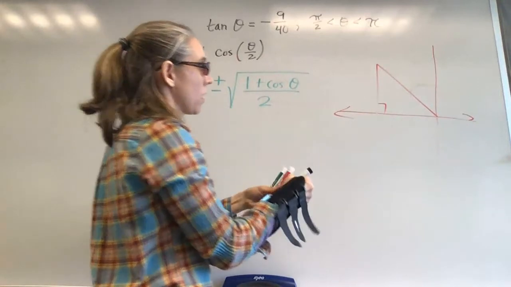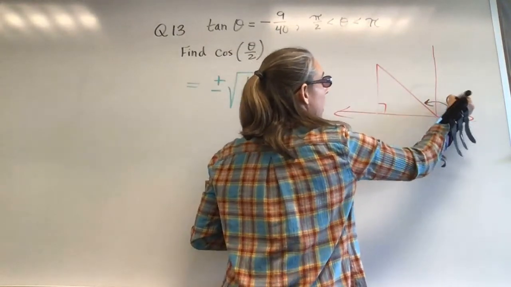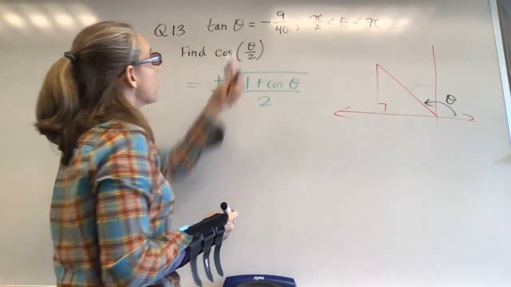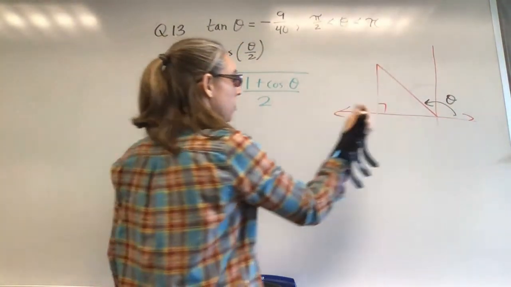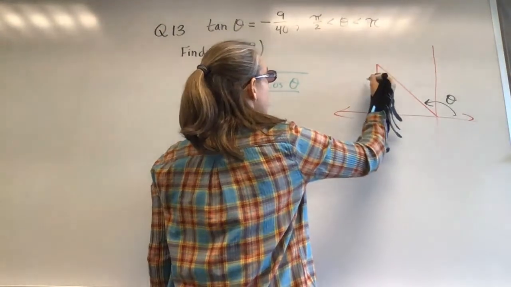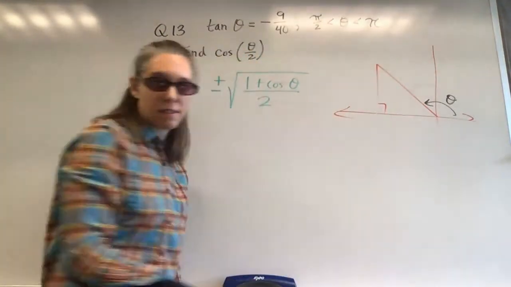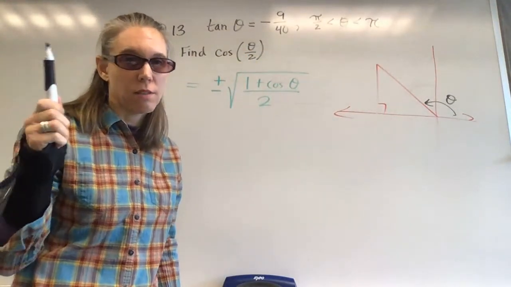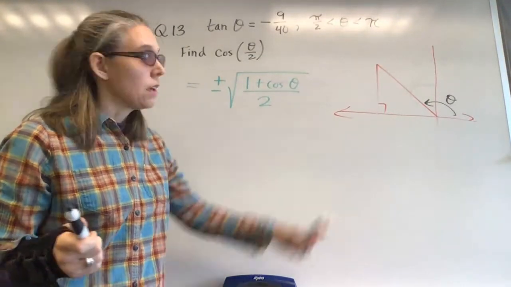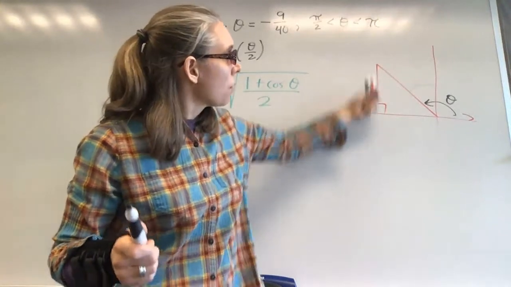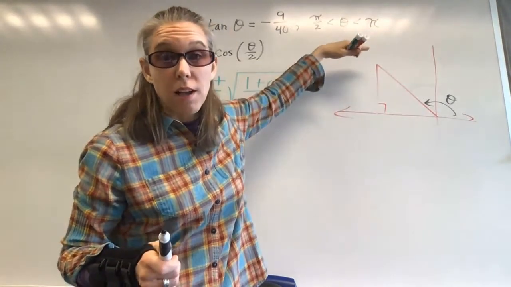I have a theta value that has a reference triangle with a tangent of negative 9 over 40, which means I'm going to have opposite over adjacent. Now you have to figure out, is the 9 negative or is the 40 negative? Given that this is going up, this would have to be a positive value.